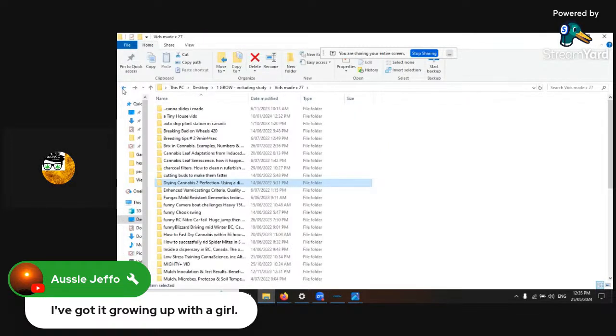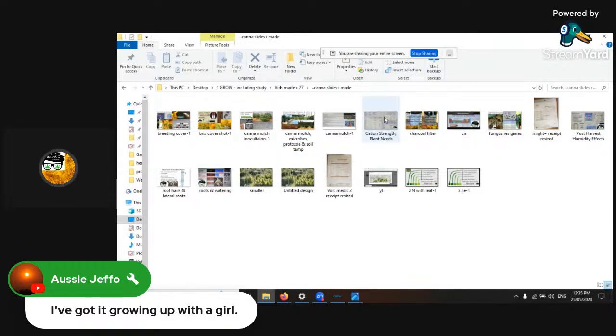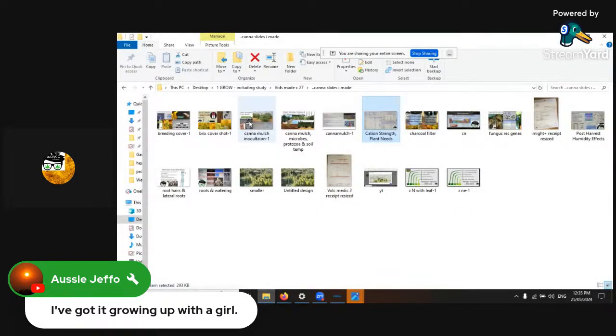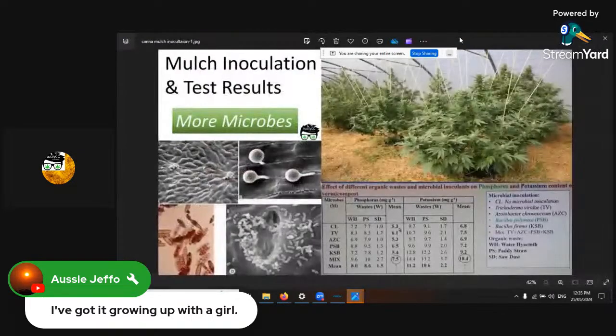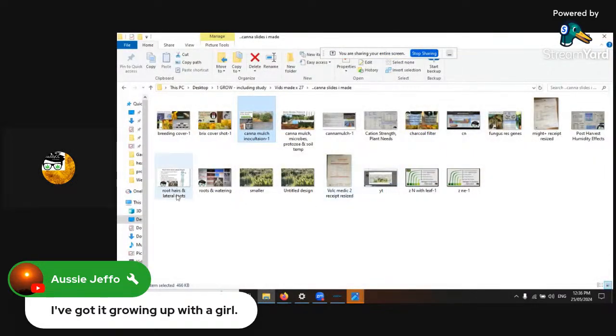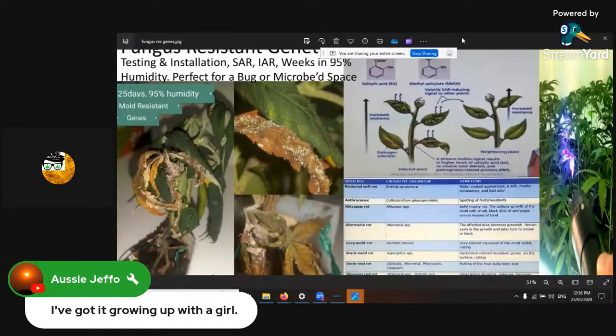Bricks, breeding tips. This one. No, that's the cation exchange. There it is, Canamulch, I think. It's just inoculation results. Fungus resistant genetics. This one keeps coming up. This hasn't got the chart I was wanting either.